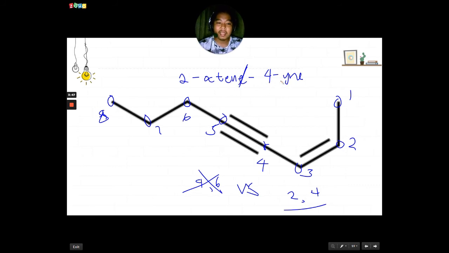You have a vowel here, as you have a seeming vowel here, Y. That's why they remove it. So the correct name would be 2-octen, without the E.